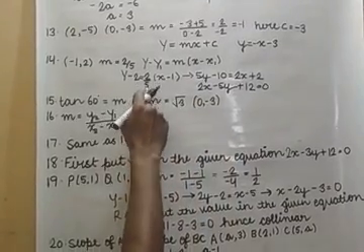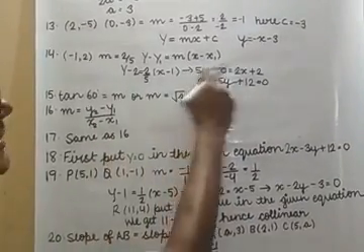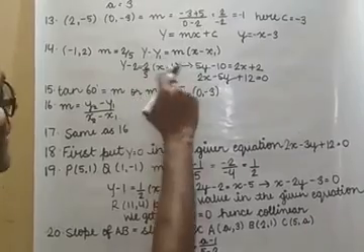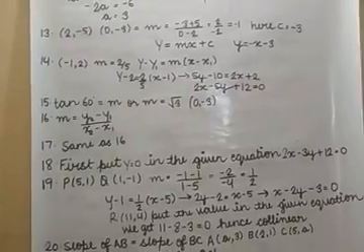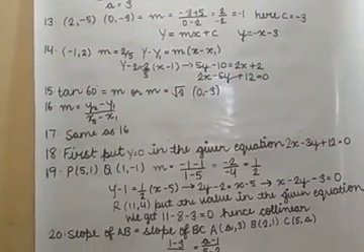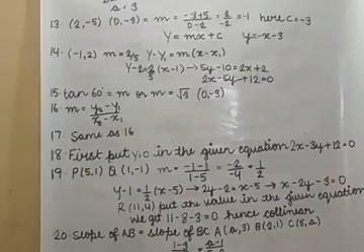Just multiply 5 by (y - 2), so you will get these two values, and multiply 2 by (x + 1), you will get this value, and after solving you are going to get the equation as 2x - 5y + 12 = 0.